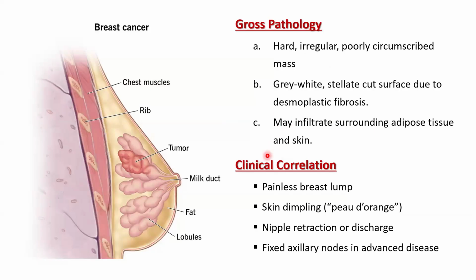In terms of clinical features, they will have a painless breast lump, with skin dimpling known as peau d'orange, nipple retraction sometimes, and fixed axillary nodes in advanced disease. So these are common features of breast pathology that we need to appreciate.